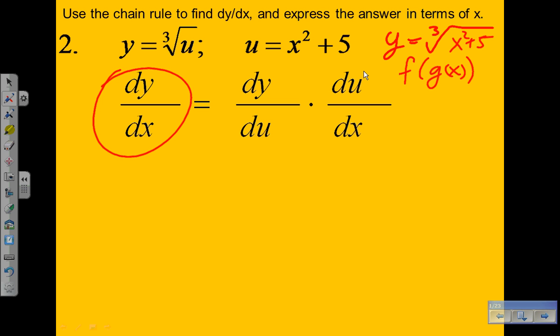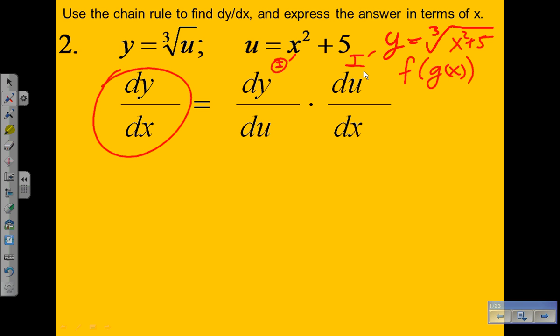One, you take the derivative of the outside, times the derivative of the inside. There is no product rule. There is no plus sign. Okay? And one thing you have to know is when you take the derivative of the outside, the inside doesn't change. It stays intact without being changed.